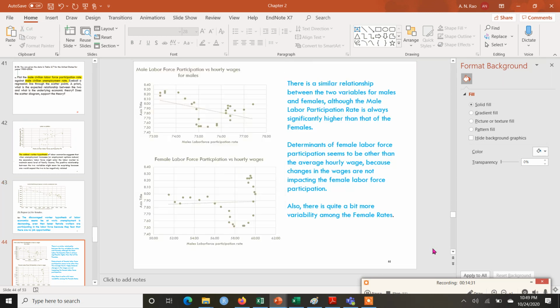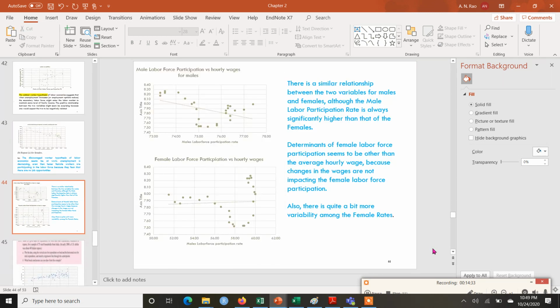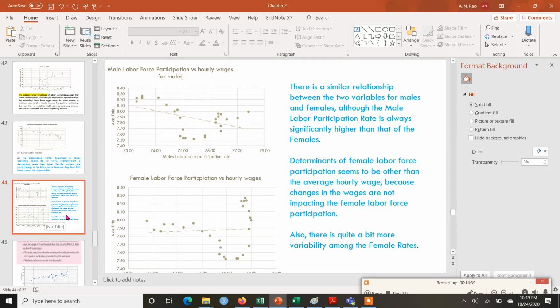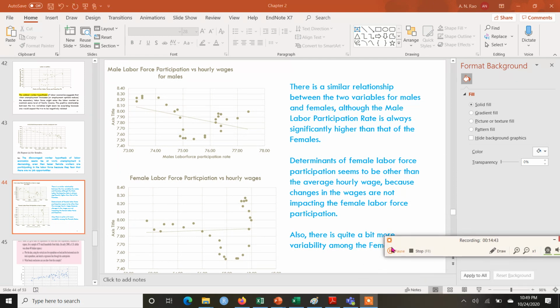Okay. Continuing further, let's compare the two variables. Let me show the statements once again relevant to this particular display of information on your screen.